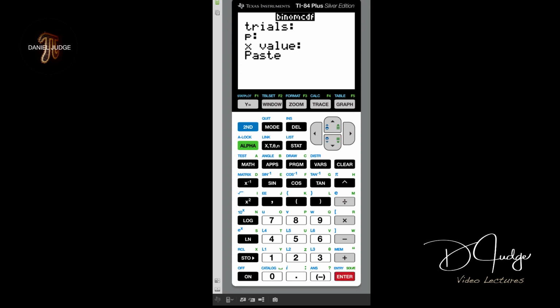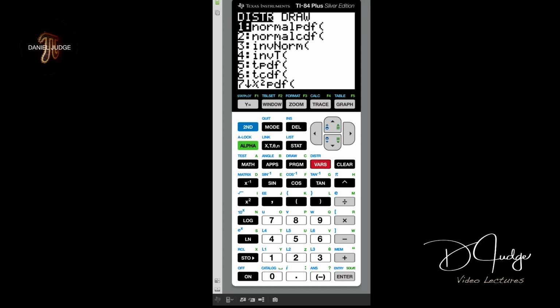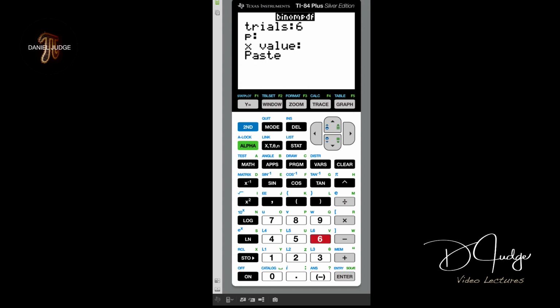Oh, we lost it. Let's clear, delete. We got to get rid of that. I think it's quit. Okay, it was quit. Second distribution, go down to A. There we go. 6 trials, 0.1, and then the X value is 1 here. Close it. Oops, almost made that mistake again.